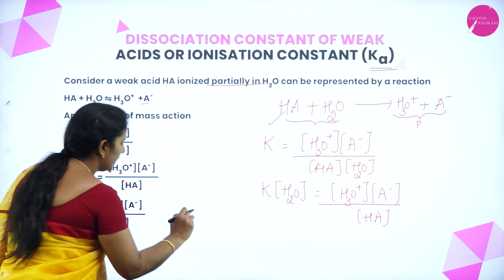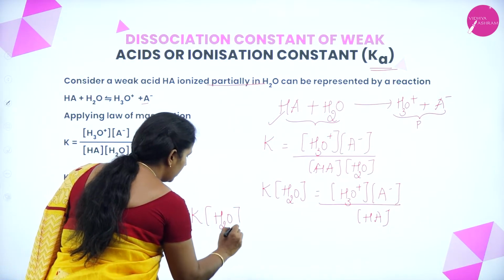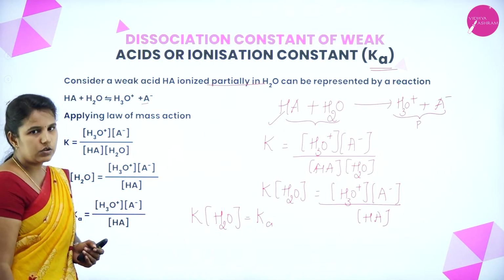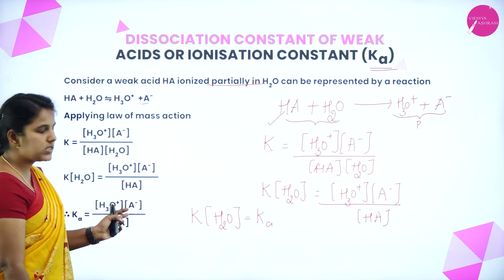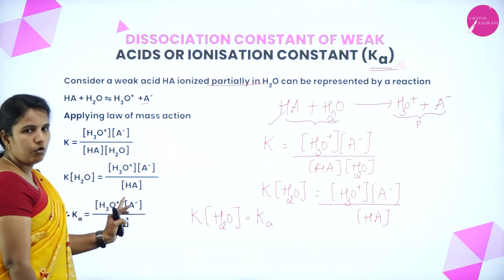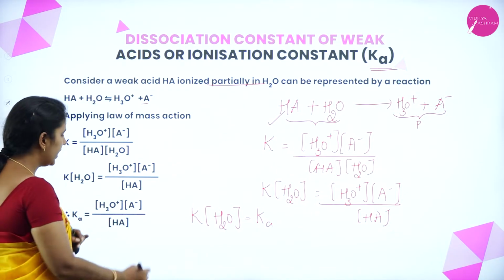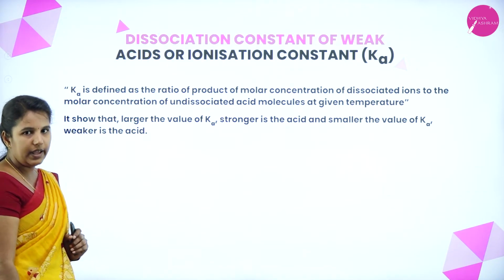So Ka is equal to the molar concentration of the hydronium ion into molar concentration of A minus divided by molar concentration of HA.